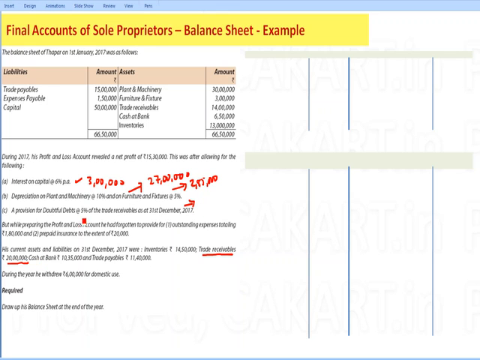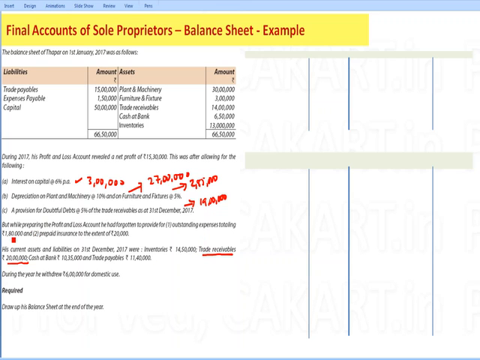So 5% of 20 lakh rupees we will have to subtract as provision for doubtful debts. 5% of 20 lakh is 1 lakh. So the total effective trade receivable that will go into the balance sheet at the end of this year is 19 lakhs only, not 20 lakhs. That is what it means.